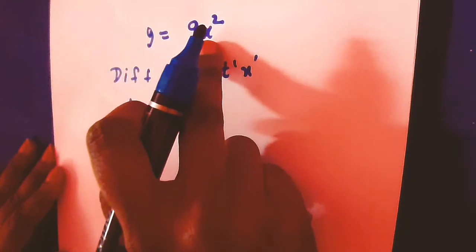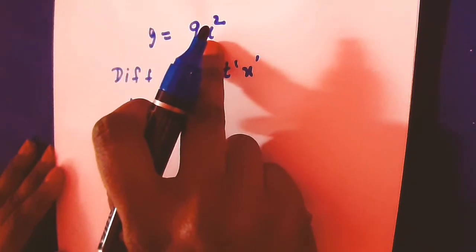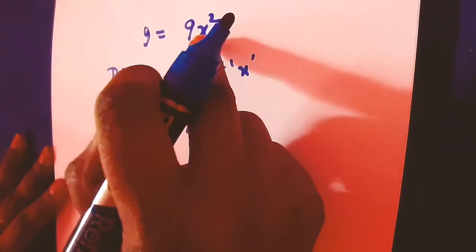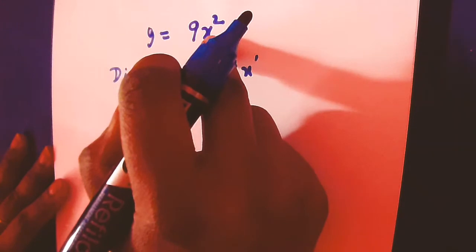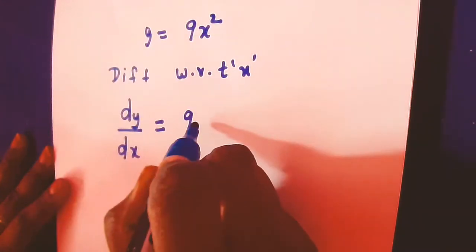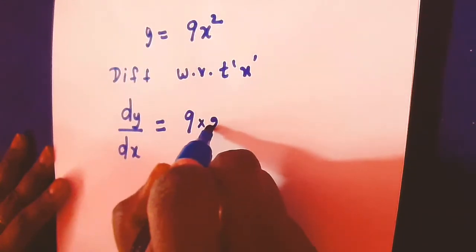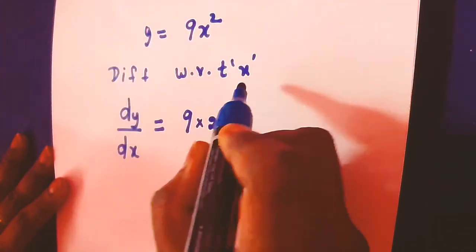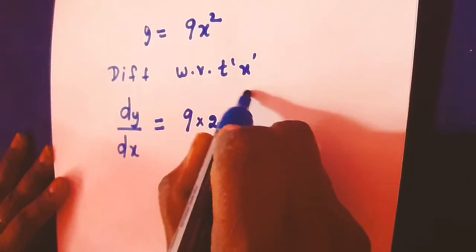Here we are going to differentiate 9x squared. How are we going to apply the power rule? n times x to the power n minus 1. What is n actually? 2.